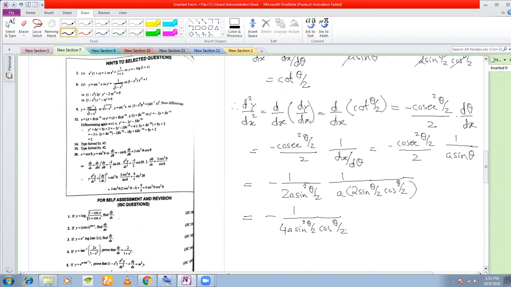And this can also be written as minus 1 by 4a cosec cube theta by 2 sec theta by 2. So that is what. Clear?